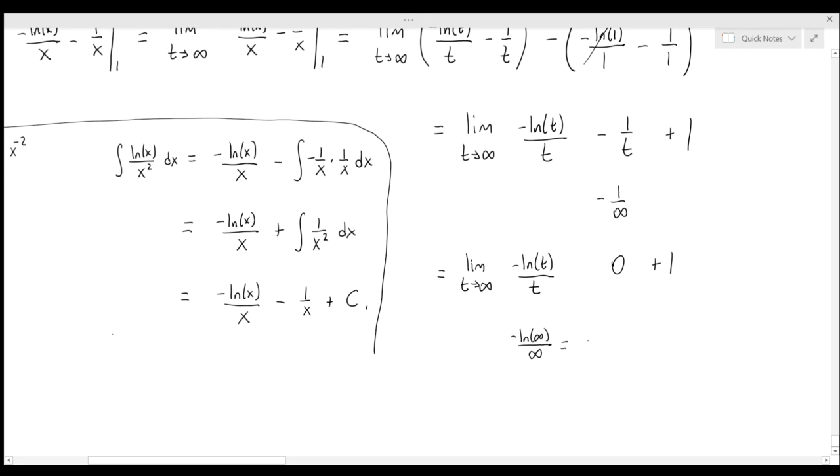And natural log of infinity is going to be infinity as well. So we're getting this infinity over infinity situation. As you guys may recall, when you get infinity over infinity, in order to evaluate your limit, one thing that you could do was apply L'Hopital's rule.